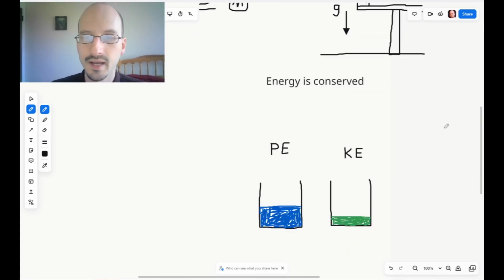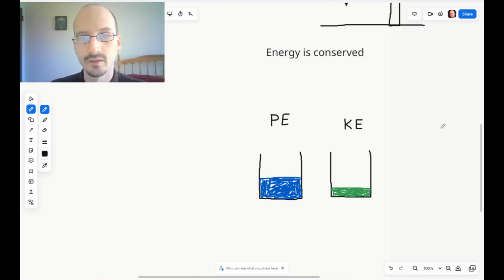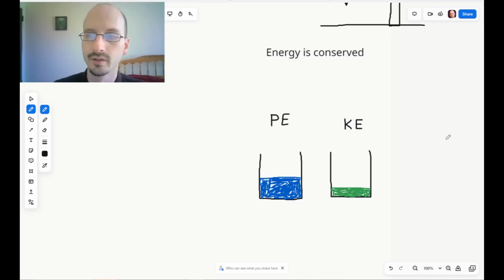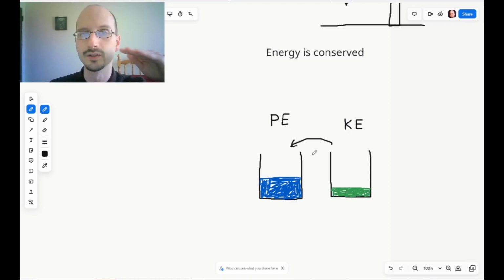Okay, bringing it together, energy is conserved. So I like to think of potential energy and kinetic energy like two buckets that pour energy between each other. As an object rises, it converts kinetic energy to potential energy, slowing down and increasing in height. And as an object falls, it converts that height back into speed, converting potential energy to kinetic energy.